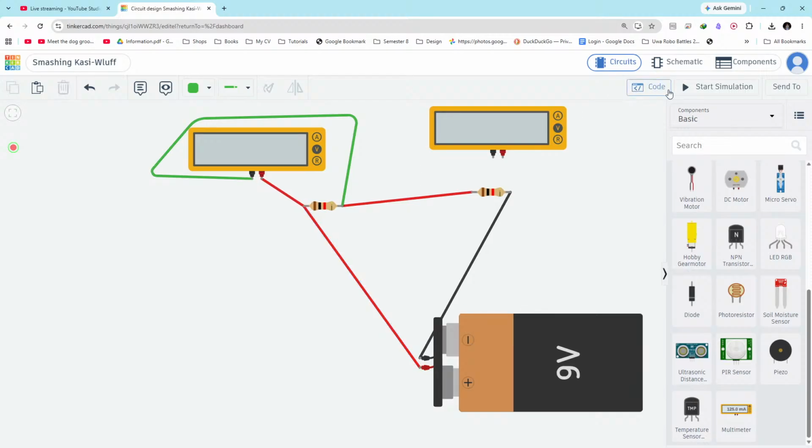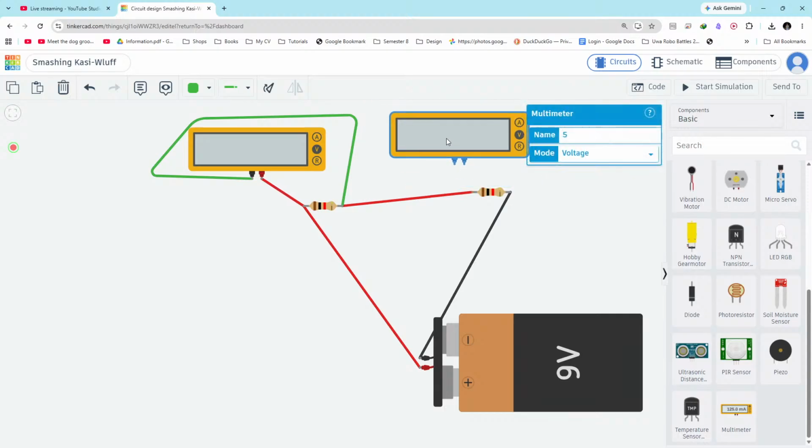And let's measure the voltage of this resistor and see what's the value. 4.5, right? Right now we are not measuring the voltage of this resistor, so anyway it's half of 9 volts, so definitely the other half should be across this resistor. So let's see that value as well. So again, which side is more positive?